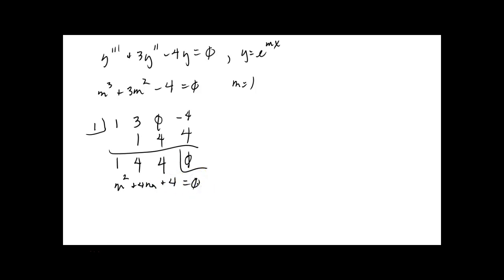Now we're down to a quadratic. Once you get to a quadratic, don't use synthetic division anymore. You know what to do. Either factor, which you can't, right? Or can you? Yeah. Okay, and so what does that give you?